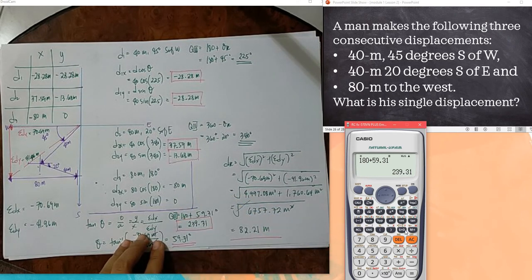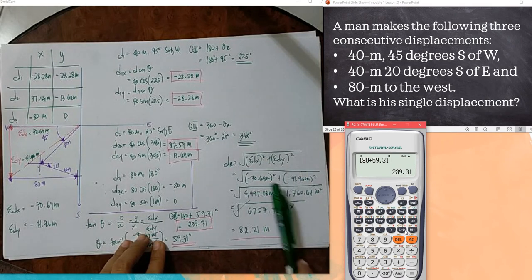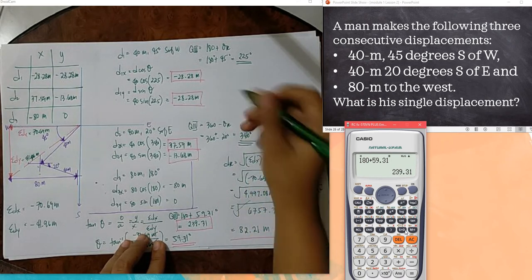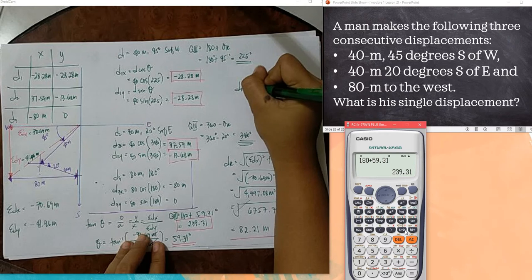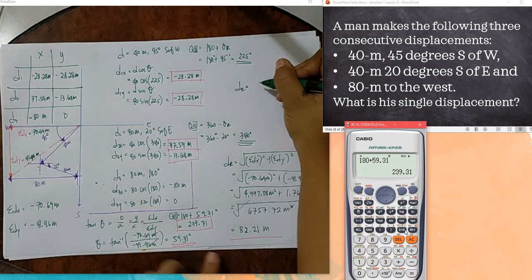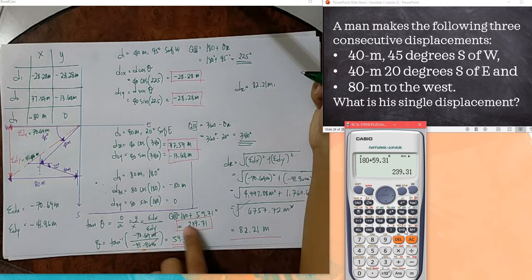And in writing our final answer, I will put it here because there is still some space. For our final answer, sorry if it is a bit messy. So, d sub r is equal to 82.21 meters, 239.31 degrees.